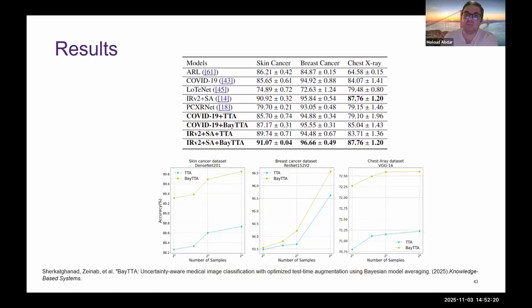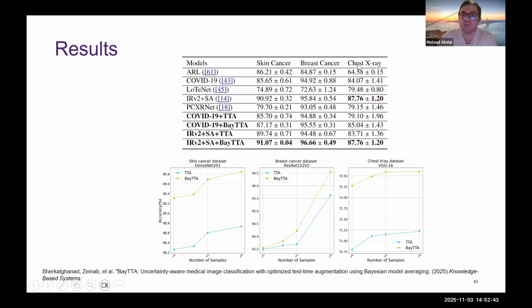Here are some of the results. As you can see, we used the models for these three image data sets. Our results, involving different versions, can definitely beat other models.